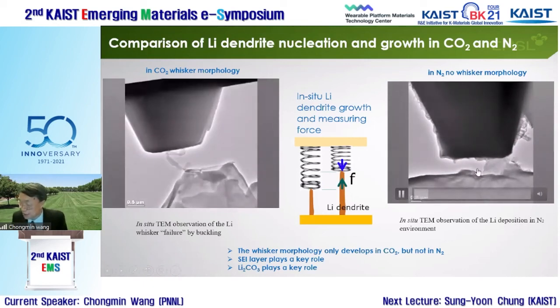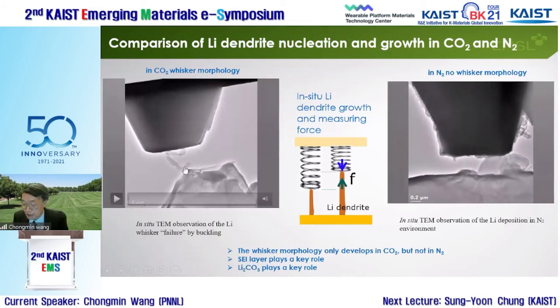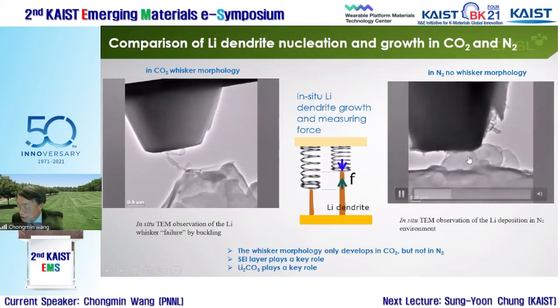So this means the SEI layer in here is lithium carbonate. They grow the whisker in here, but with nitrogen gas, you get lithium nitride, and then you never grow a whisker morphology. You always grow this kind of particle. This really indicates the SEI layer plays a big role for the whisker morphology in here.